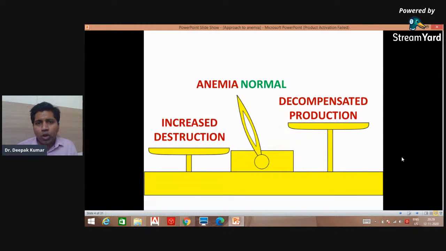So let's see what causes anemia. What is that imbalance that is causing anemia? Anemia can happen if there is increased destruction or decompensated production.